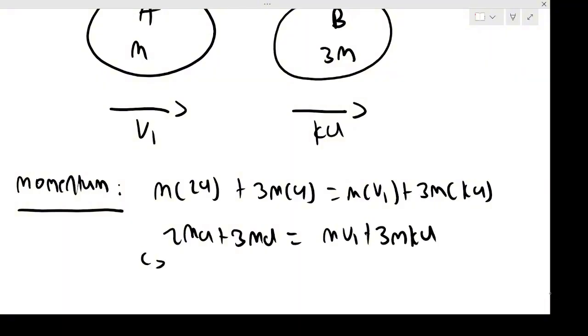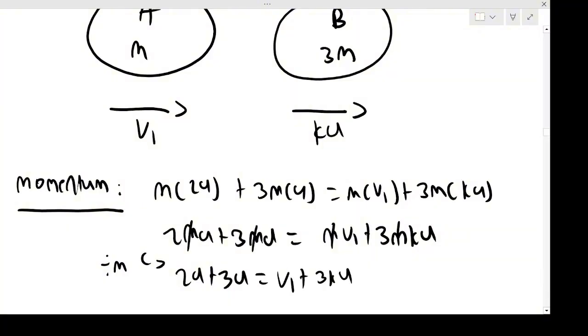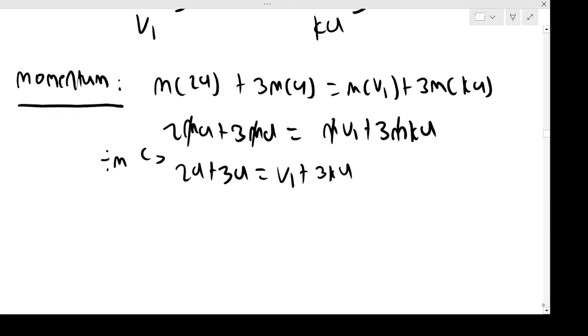Now, what we can do right away is divide and get rid of the m's. There's m in every term, so we just get 2u plus 3u to be v1 plus 3ku. Hopefully happy with this. And I can simplify to get 5u is v1 plus 3ku.